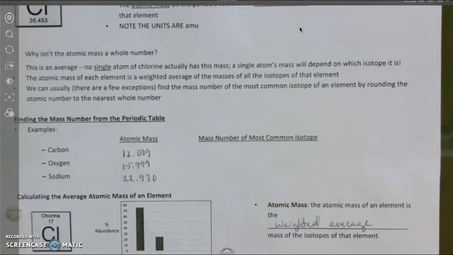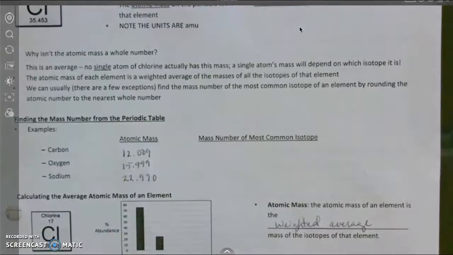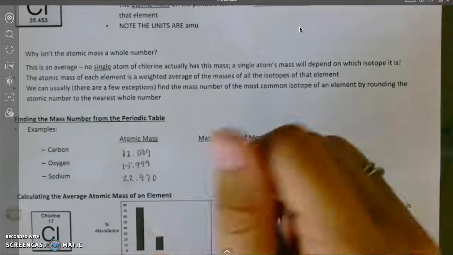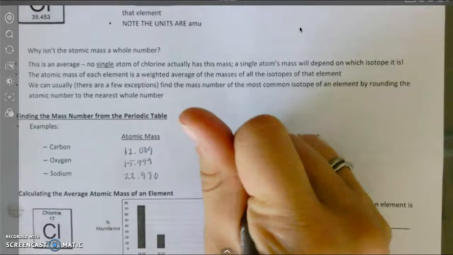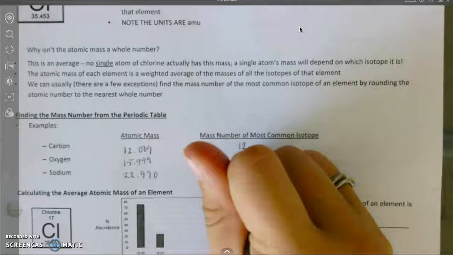Now I want to know the mass number of the most common or abundant isotope. And so what you do is you take the atomic mass from the periodic table and you round it to the closest whole number. So the most common isotope of carbon has a mass number of 12. The most abundant isotope of oxygen has a mass number of 16.